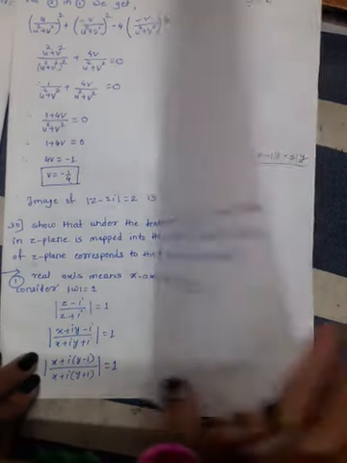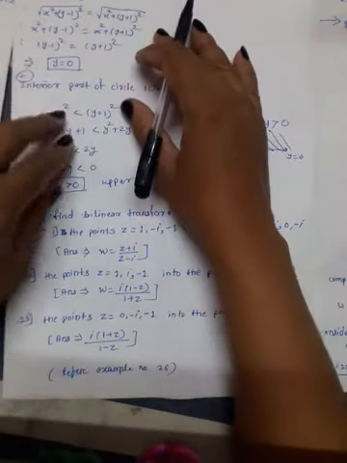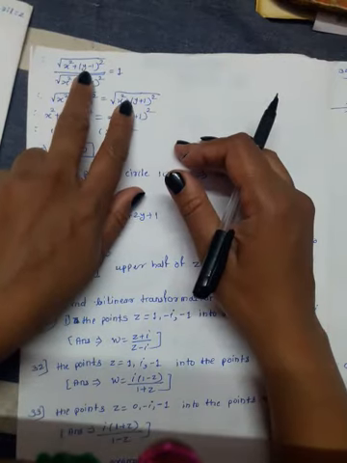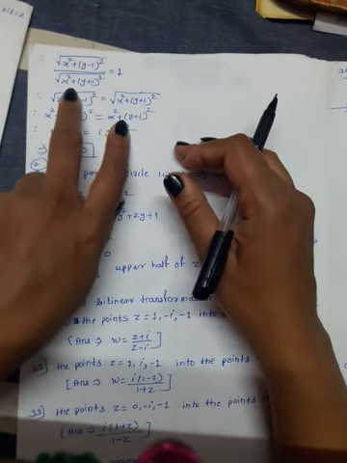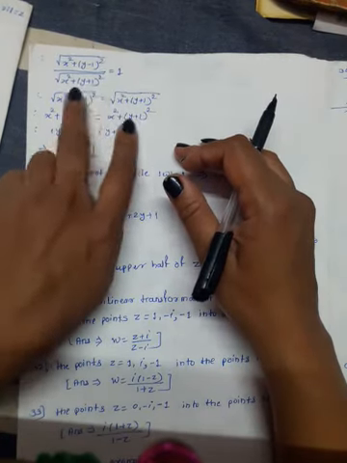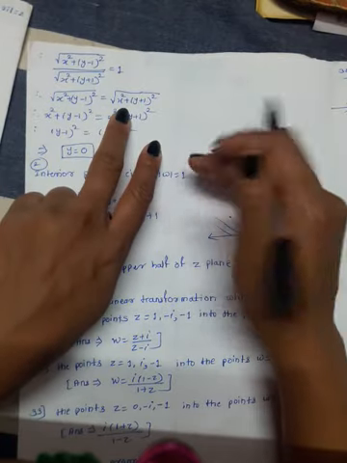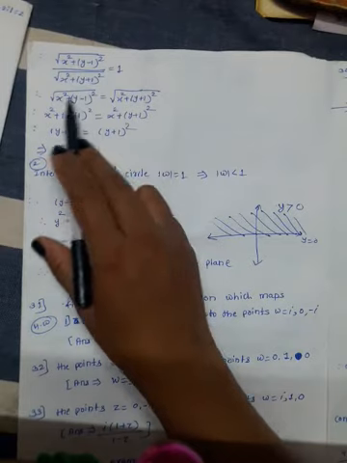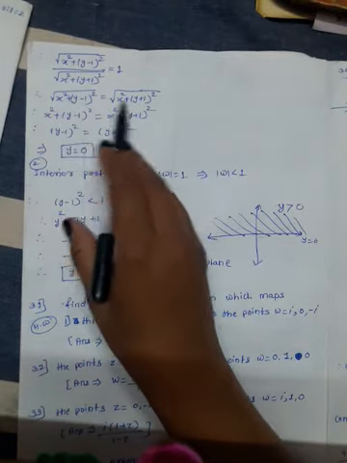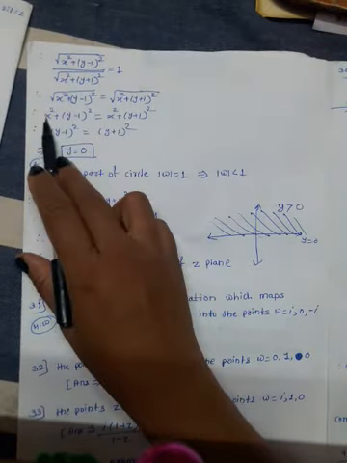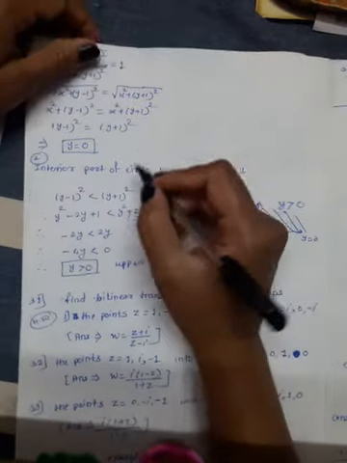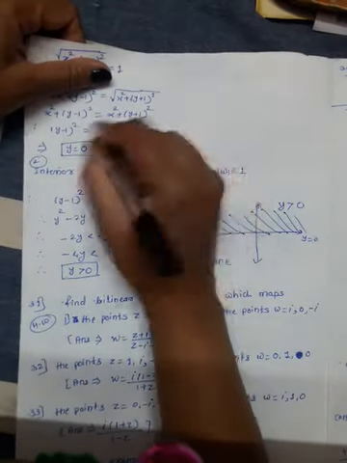Now this mod is x square plus y minus 1 bracket square, and this mod is equal to 1. Take this term on that side and simplify. Taking the square on both sides, we get this. X square gets cancelled, and the square root gets cancelled.